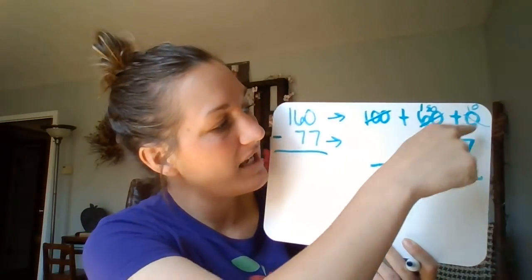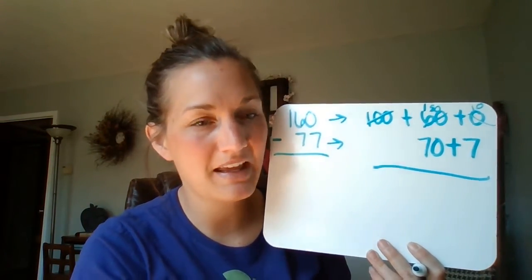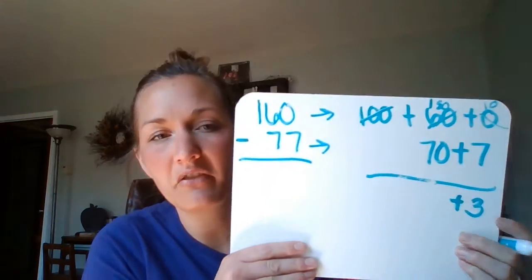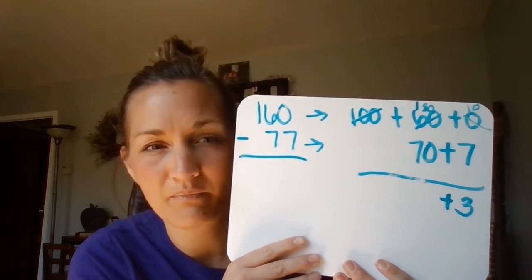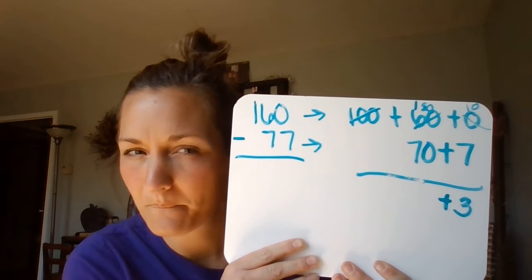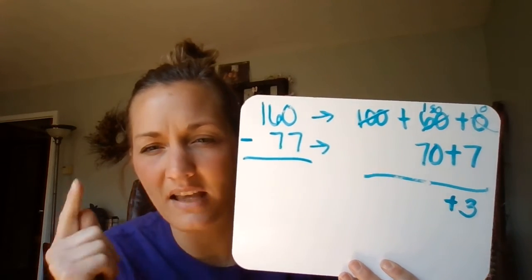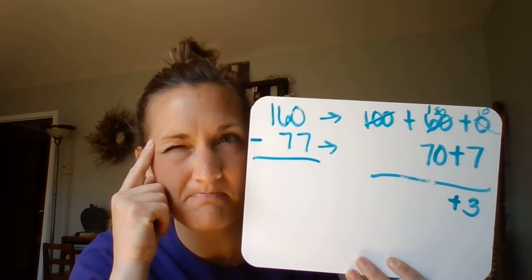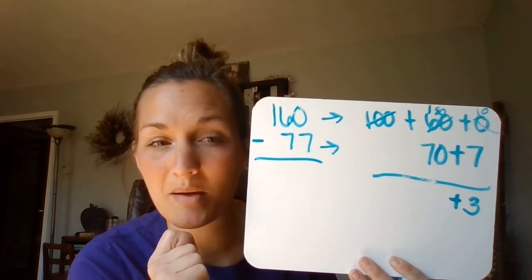Okay, so 10 minus 7 would be 3, yes. And then we have 150 minus 70. Okay, so think about that. I see the number 15 up there. 15 minus 7 would be 8, but we have to add that 0, so it becomes 80.